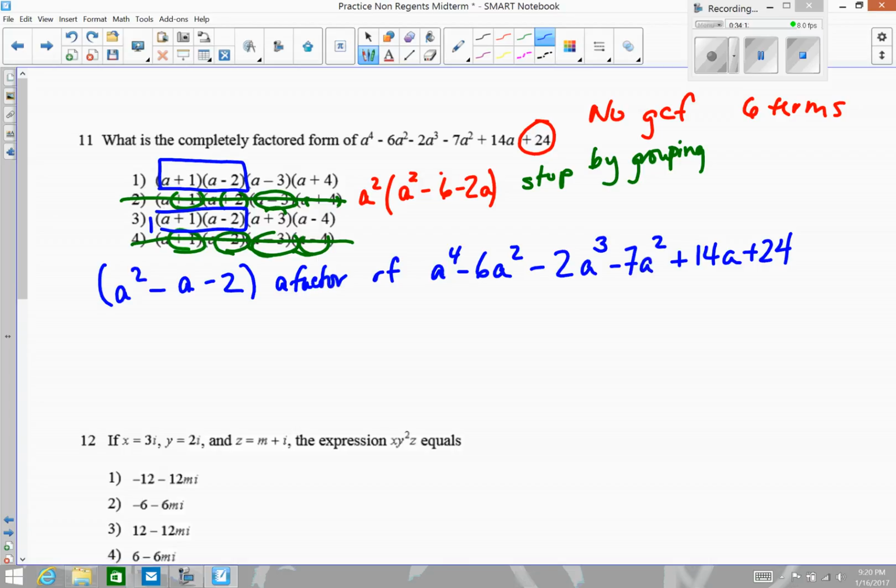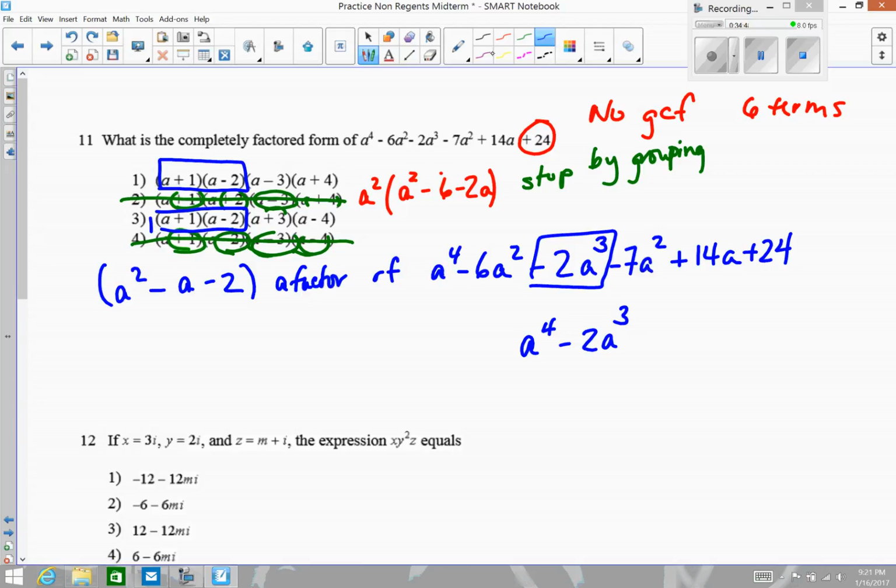What I want to do is divide that whole thing by this factor that's a squared minus a minus 2. However, I want to combine some like terms so that I can go ahead and do my division. So I notice that there's only one a to the 4th term, so that's going to remain the same. However, I want to find a cubes. There's only one a cubed term, and that's this minus 2a cubed. So I'm going to put that next.